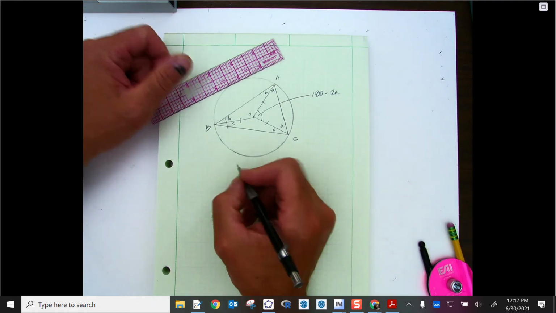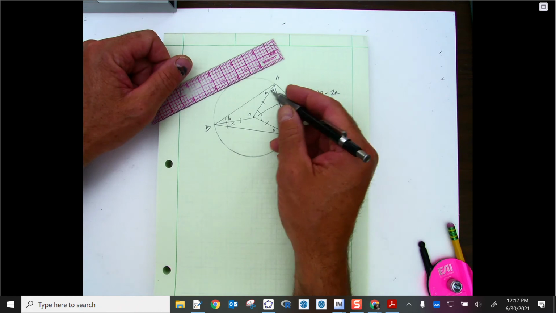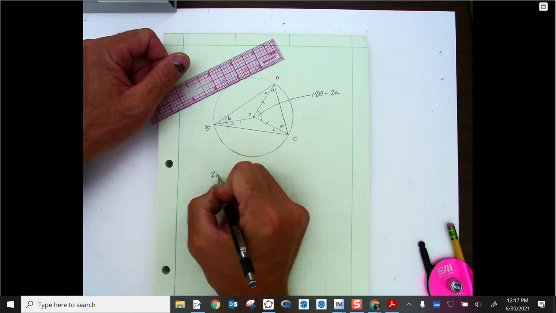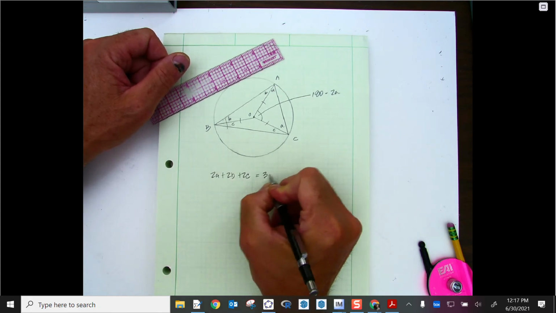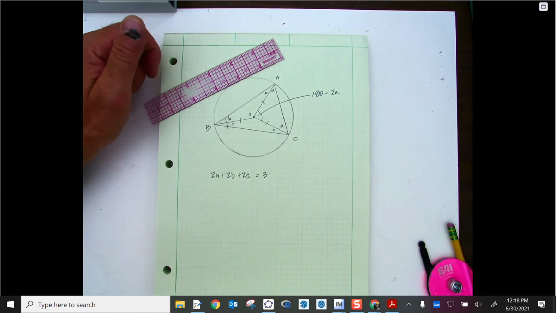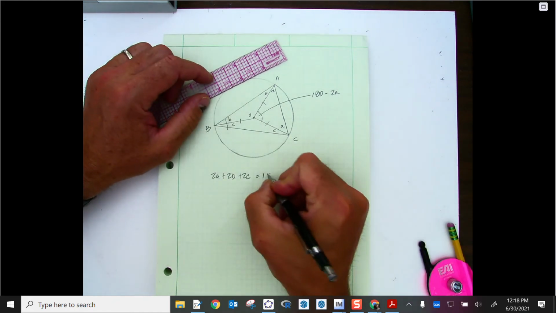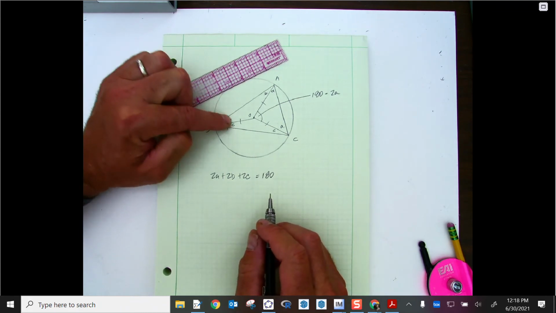So let's go ahead and see what happens here. The triangle angle sum says A plus B plus B plus C plus C, so 2A plus 2B plus 2C equals not 360 but 180, right? And what I want to see is what B plus C is here.